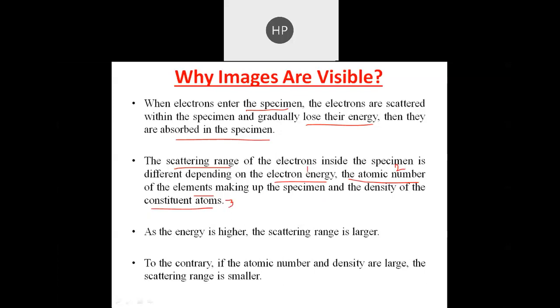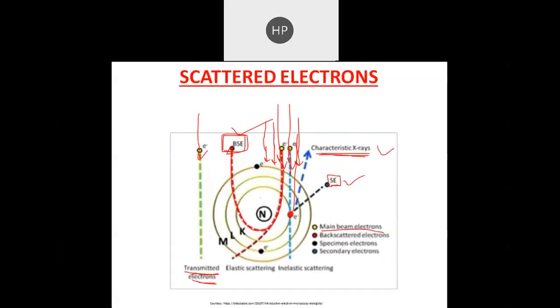Based on those three things, we can determine the scattering range of the electron. If the number of electrons of an atom, the density of the atom, is higher, then what happens? More electrons will strike the electrons, so more secondary electrons will be generated.